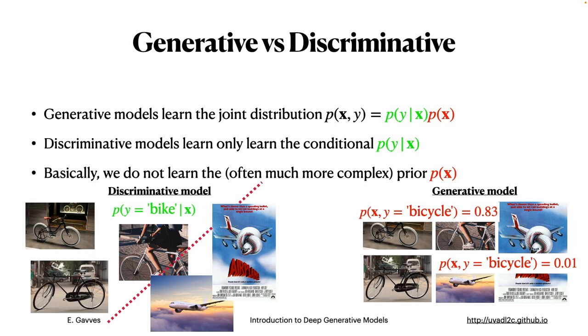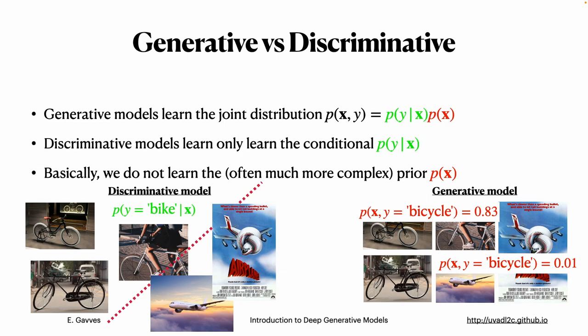Let's say we have a generative model which is not just about generating new images, but about finding the joint likelihood of an image and a semantic label, to say whether this is a bicycle or not.